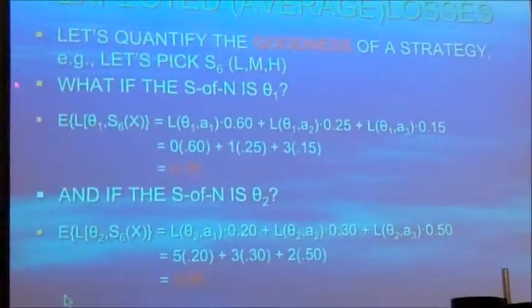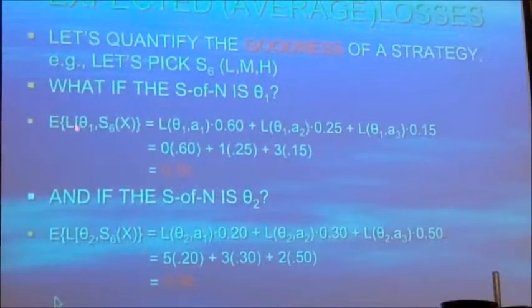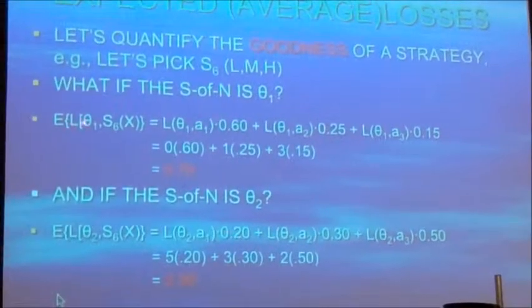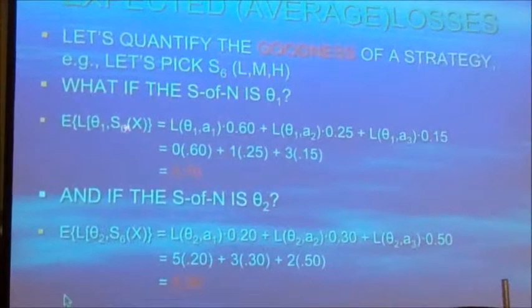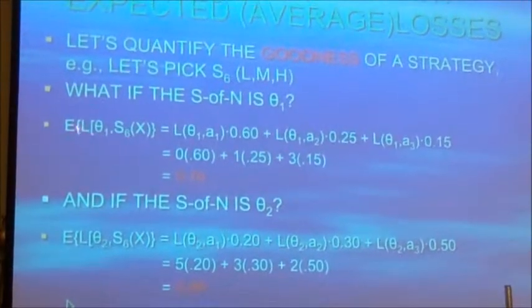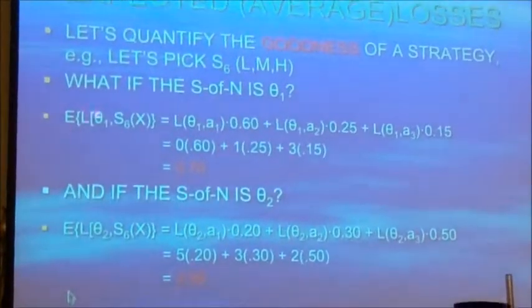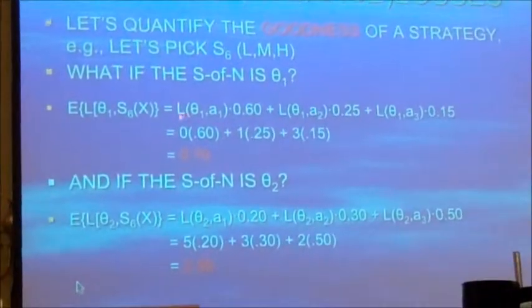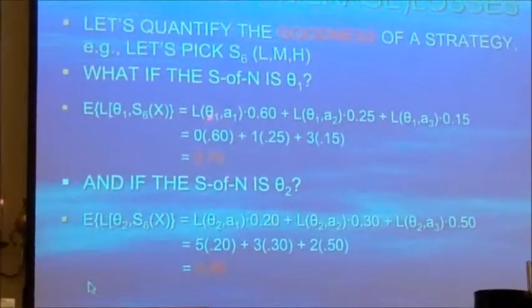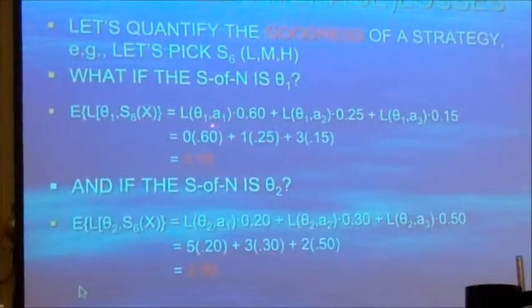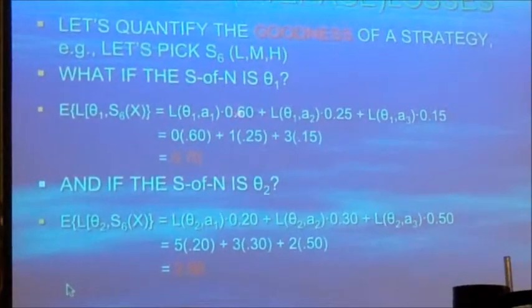It's just a little equation. It says the expected loss, if the state of nature is theta 1 and you take strategy S6, is going to be the loss, if theta 1 is right and you take action A1, times 60.